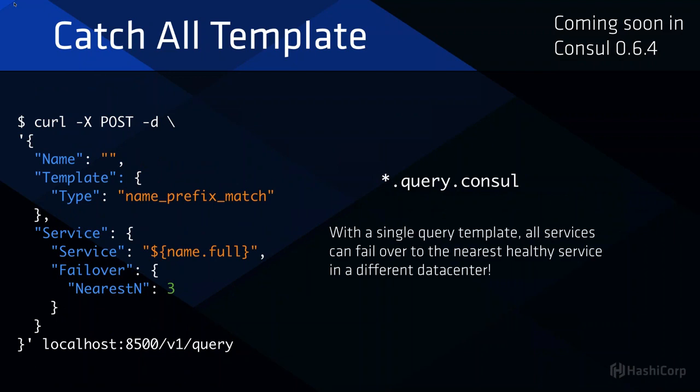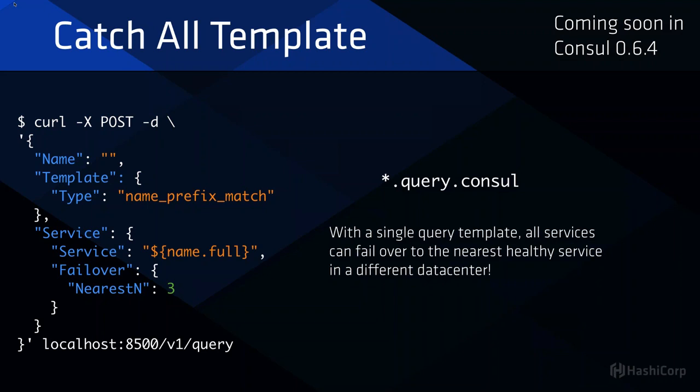So with this single template, if you register this, it'll do a longest prefix match, so you could have more specific policies for certain services, but this basically creates a fallback where anything.query.consul will have a geo failover policy applied to it to look in the 3 nearest alternate data centers before giving up.